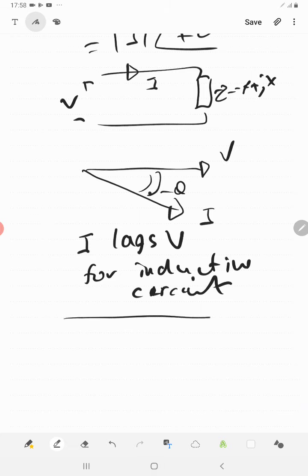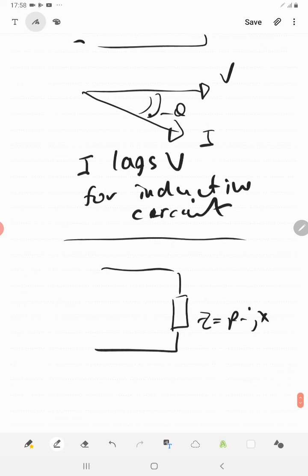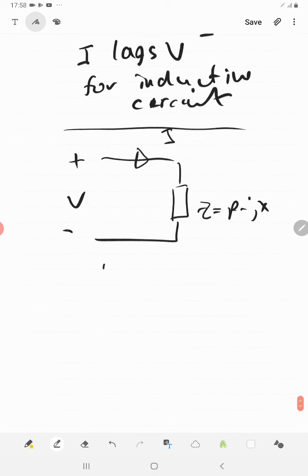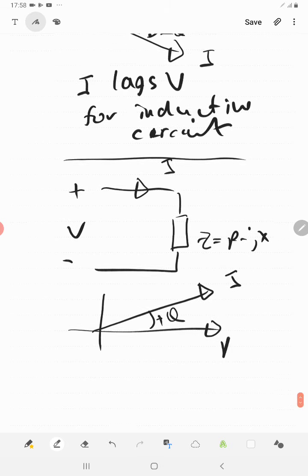Now, if we have a capacitive circuit, Z equals R minus jX, then I will lead in this case. If this is V, this will be I, with angle theta.